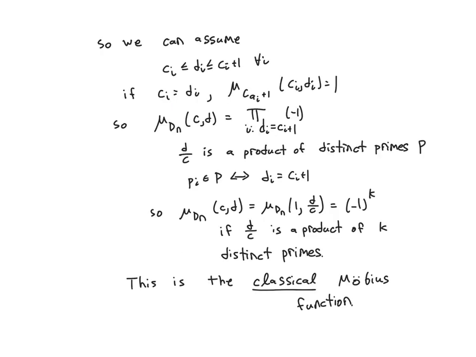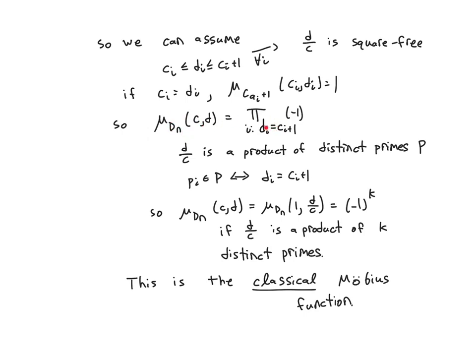So we can assume that Ci is less than or equal to Di is less than or equal to Ci plus 1. Or equivalently, that D over C is square free, which is the term they use in number theory. It means that it's not divisible by a square of an integer. If Ci is equal to Di, then this Möbius function is 1. Otherwise, it's -1.